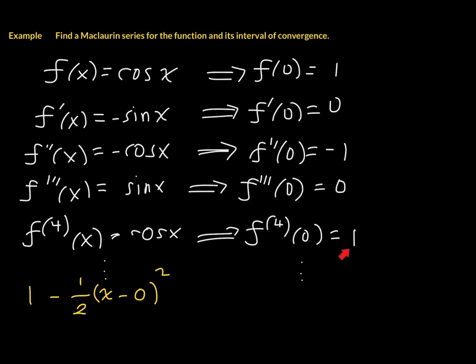So now I'm here. The coefficient is positive 1 over 4 factorial. Remember, we skipped over 3 factorial because the third derivative of f at 0 is 0. So now I'm at 4 factorial, x minus 0 raised to the 4th power.